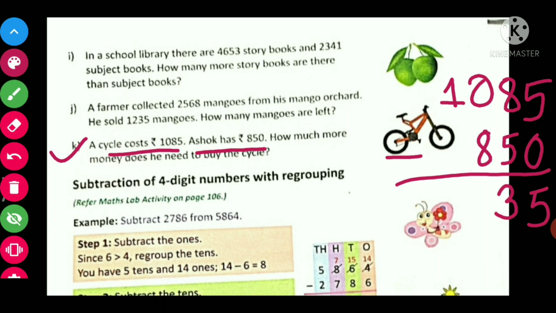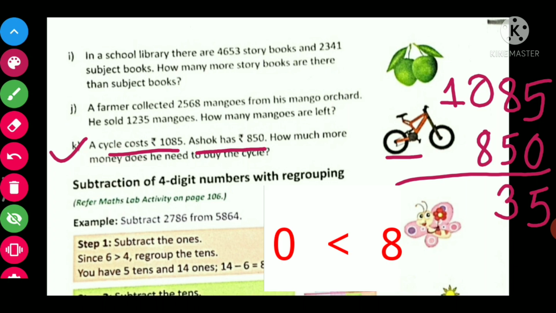Now here you can see 0 and 8 is there. Right. And if the upper number, this one is the upper number, right? So if the upper number is smaller than the lower number, then we have to take what? Borrow. Okay, we have to borrow from the previous one. That means from 1 we'll borrow. Okay, so while borrowing, what will happen?